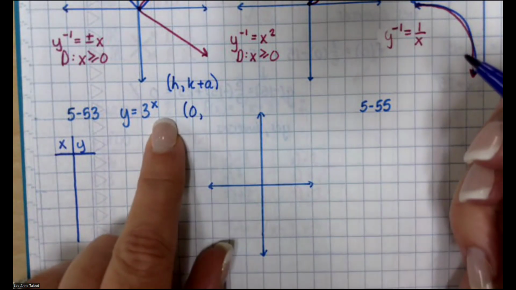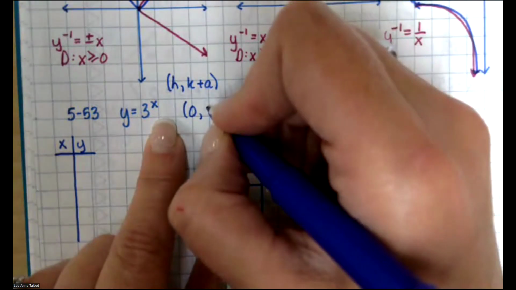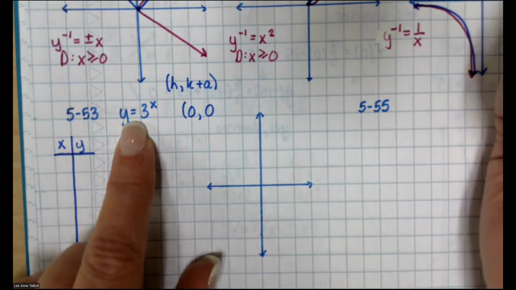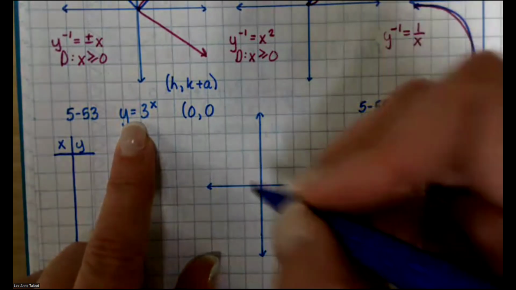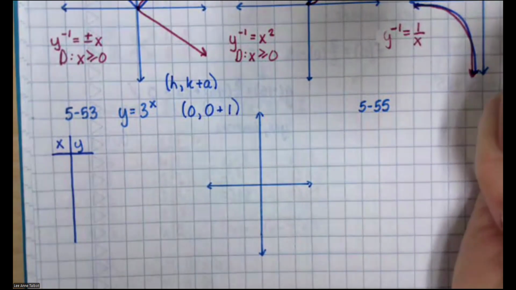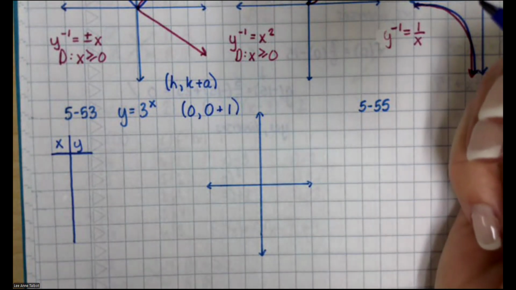Is there anything adding or subtracting onto the end of this? No. So k is 0. Is there anything in front of the parentheses of the 3? No. So a is 1. This is the very basic one. You guys understand what I'm saying?